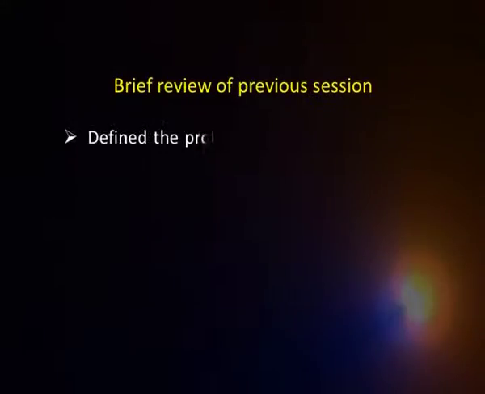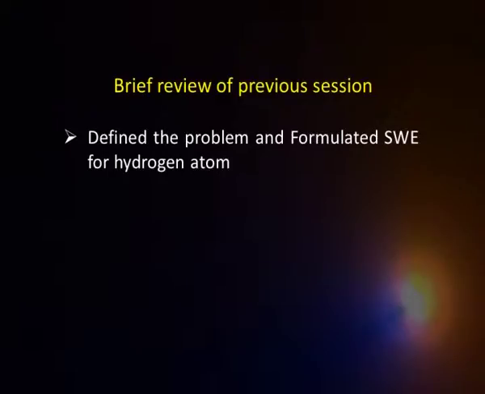You would recall that in the previous session, we defined the problem of the hydrogen atom. We realized that it's a two-particle problem. There's a nucleus and an electron, and this problem was difficult to solve because with two particles, we have about 6 variables in the equation, which gets very difficult.